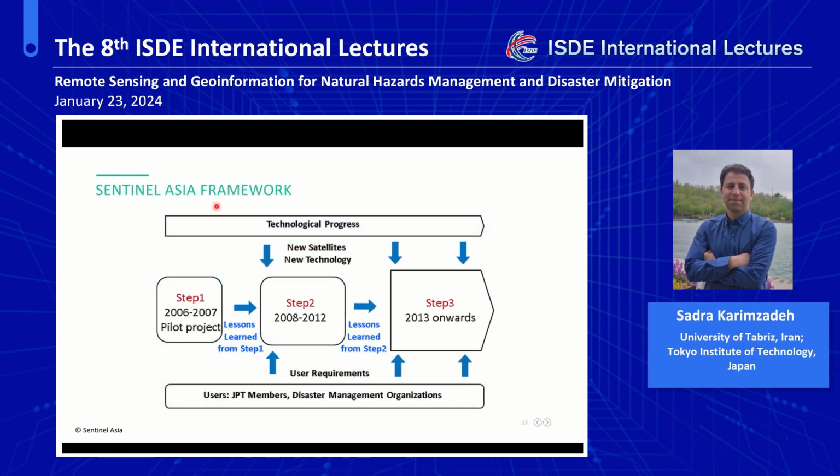You see here the framework of Sentinel Asia in 3 steps. The first pilot project started in 2006. For 1 year it was a pilot project, and after the lessons learned, the second step started in 2008 for about 4 years.